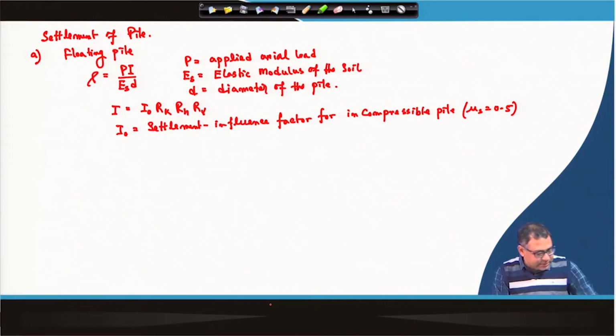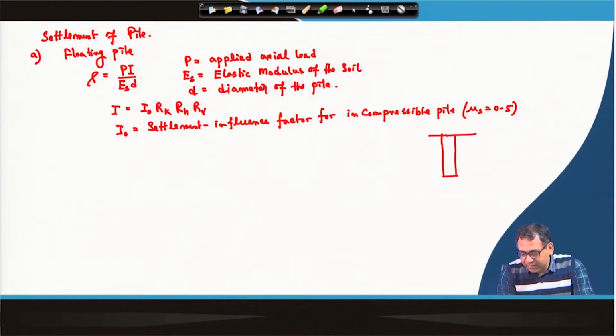and R h is another factor which is due to the finite depth of layer. So, for the previous floating pile we have assumed the depth of layer is infinite, but if the depth of layer is finite, suppose your floating pile is like this is the pile and there is a finite depth of the layer.